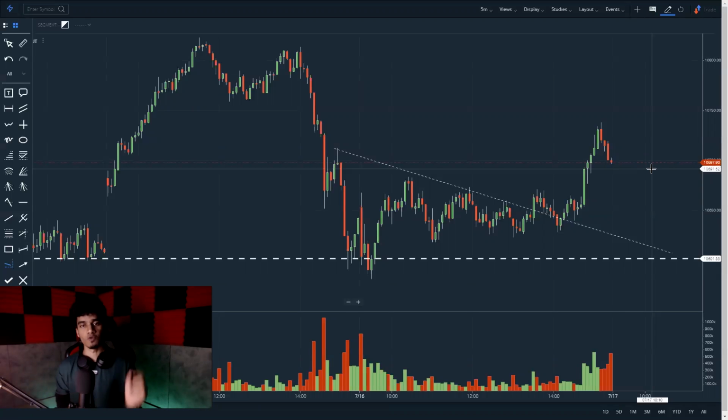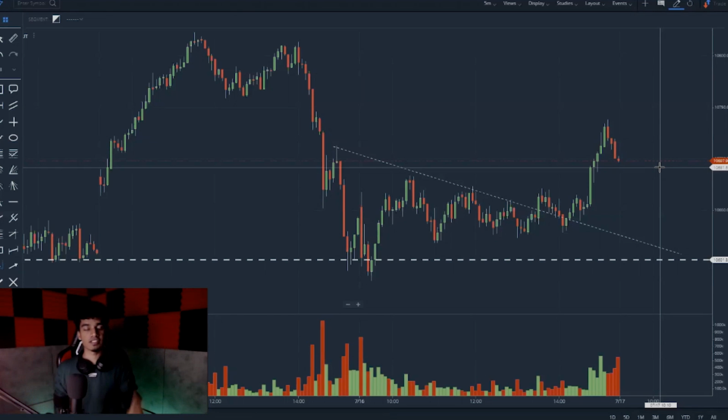You're going to get stopped out very quick if you place tight stops. This is the reason why you should be very aggressive when it comes to managing your risk, because one huge move can wipe your account, that can lead to you destroying a chunk of your trading account, and you'd never want that. So while you're trading options, you have to be very aggressive when it comes to managing your risk.